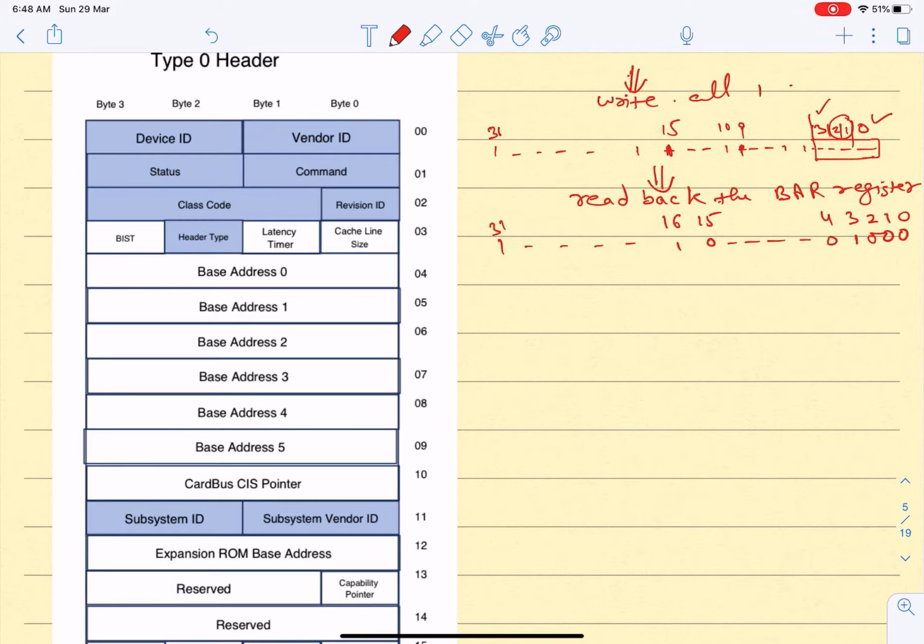What does that mean? Bit 0 is 0. It means it is a memory transaction. Bit 2 down to 1 is 0. It means it lies in 32-bit memory space. Bit 3 is, let's say, 0. It is non-prefetchable memory.